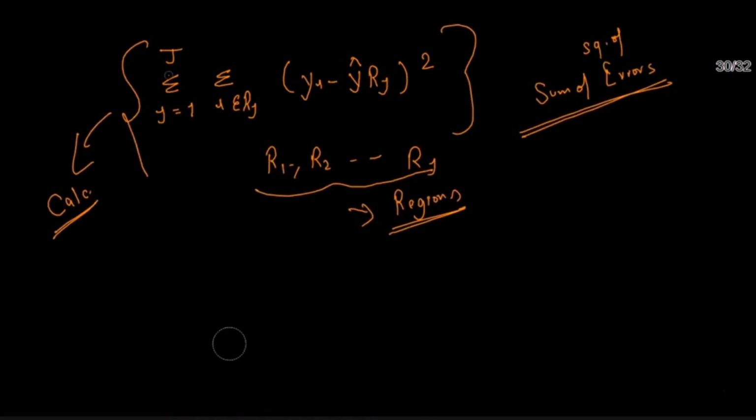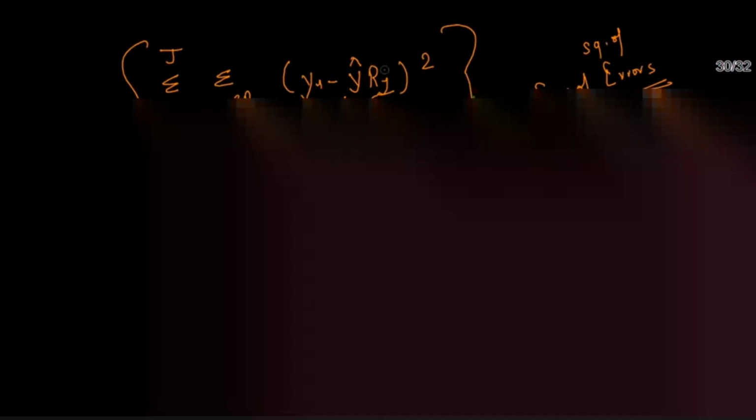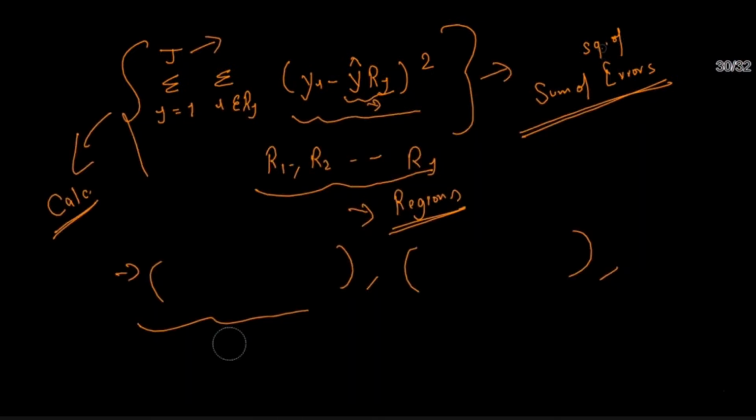So whenever you select those regions as my split regions, where this yi cap, let me talk about this. What is this? It is nothing but the average of y for a particular region. For this calculation, wherever this calculation is maximum, that's a simple calculus.